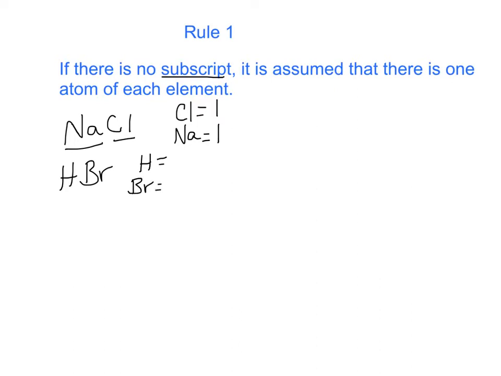For these simple ones, it might seem silly to make a list because you can obviously see pretty easily how many of each there are, but we're going to be dealing with some complicated ones, and so it's good practice that we get used to making these lists. Another example of a chemical formula with no subscripts, sodium bromide. So sodium and bromide. So again, making your list, NaBr. There's no subscript, so it's assumed that there is one of each.